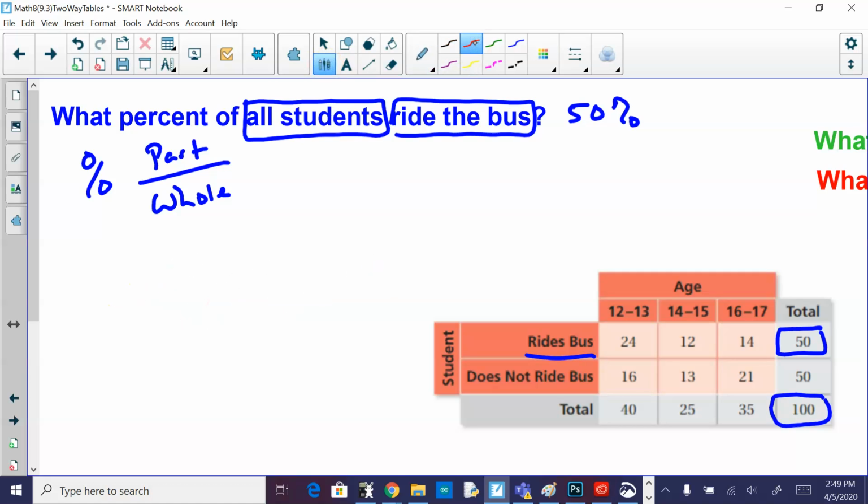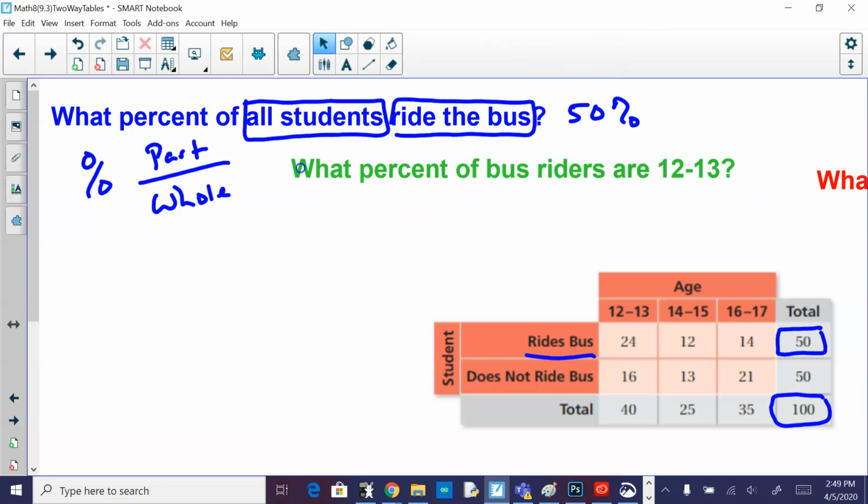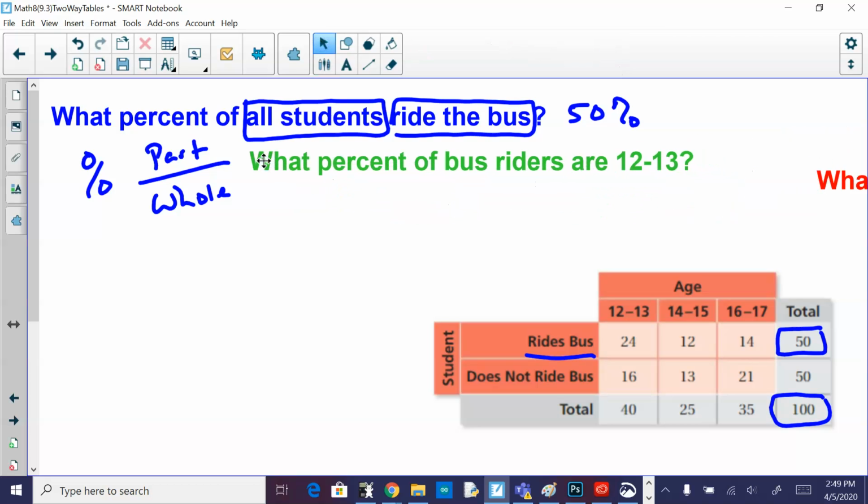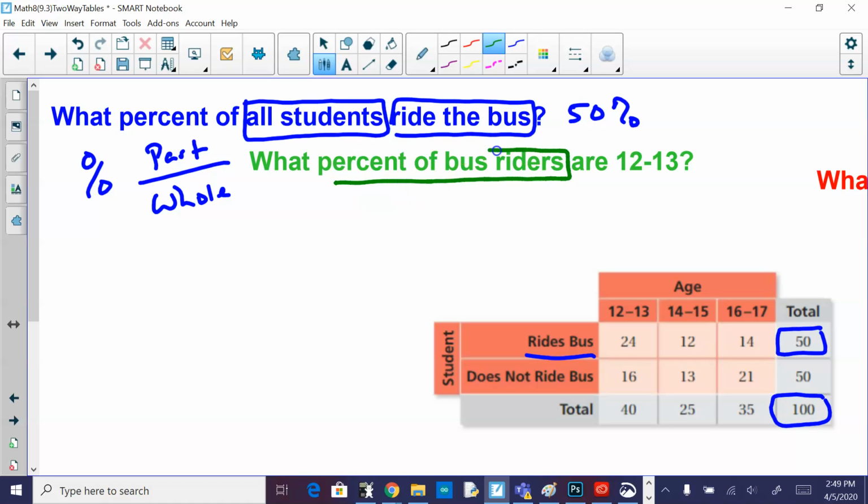Next question is, what percent of bus riders are 12 to 13? Again, we really need to look at the question. What is it asking? It's asking, out of all the bus riders, how many are 12 to 13? Well, what's our whole? It's all the students who ride the bus. I think that's right here.